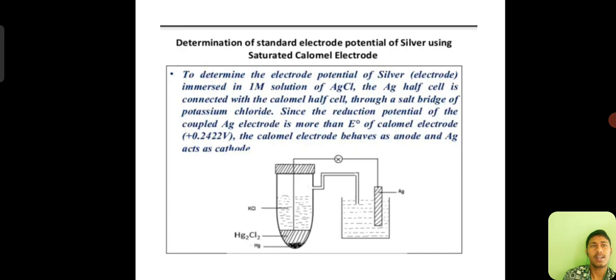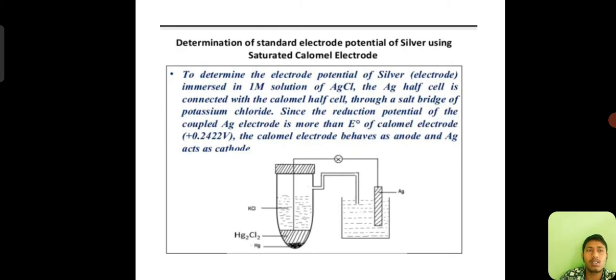Determination of the standard electrode potential of silver using the saturated calomel electrode. To determine the electrode potential of a silver electrode immersed in a 1 molar solution of silver ions, the Ag half cell is connected with the calomel half cell through a salt bridge of potassium chloride.